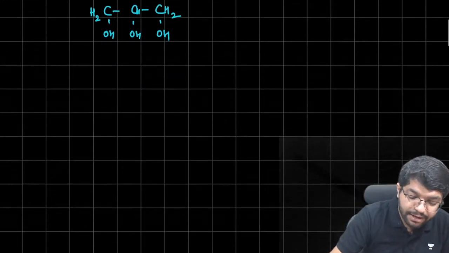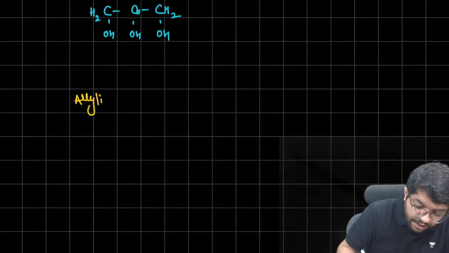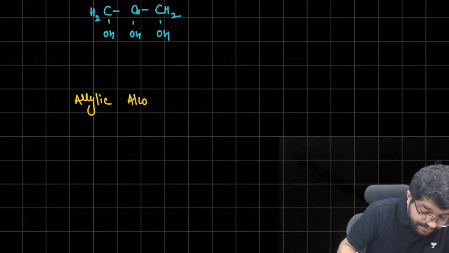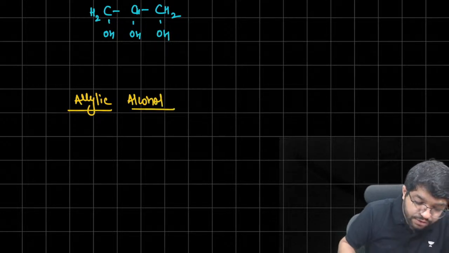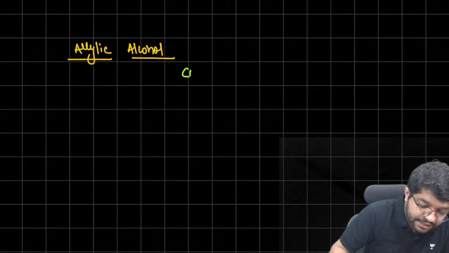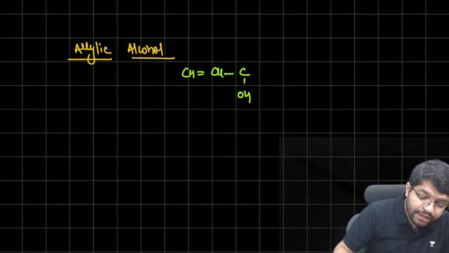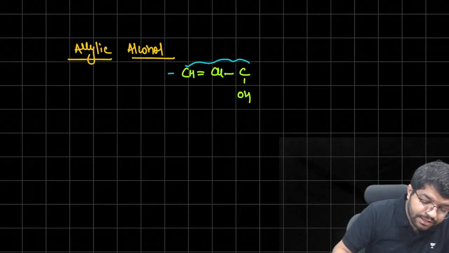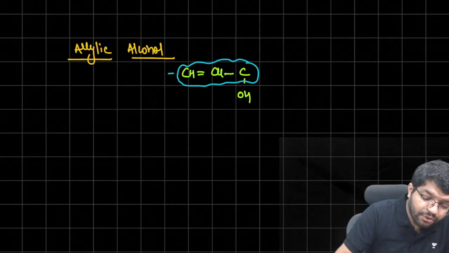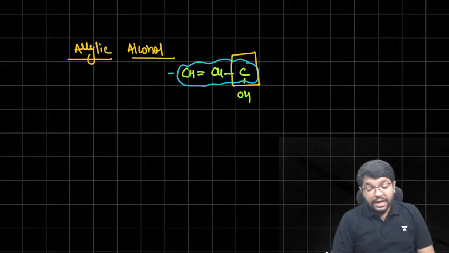Now what I'm talking about here is allylic alcohol. Allylic alcohol goes like CH=CH-C with the OH. You see this combination; I want to call this carbon the allylic carbon. How do we define it?